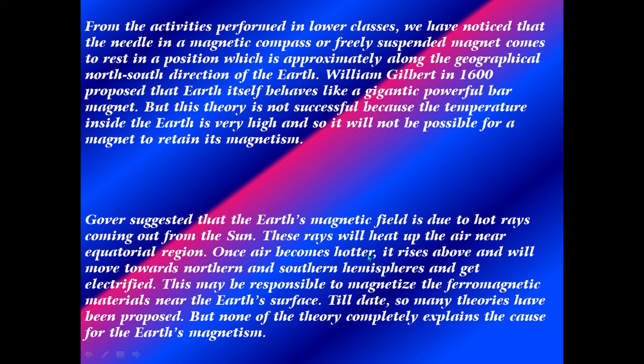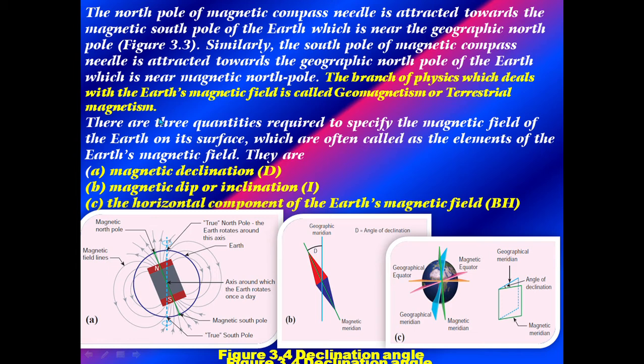Once the air becomes hotter, it rises above, moves towards the northern and southern hemispheres and gets electrified. This may be responsible for magnetizing the ferromagnetic material near the Earth's surface. Till date, so many theories have been proposed, but none of the theories completely explains the cause of the Earth's magnetism.